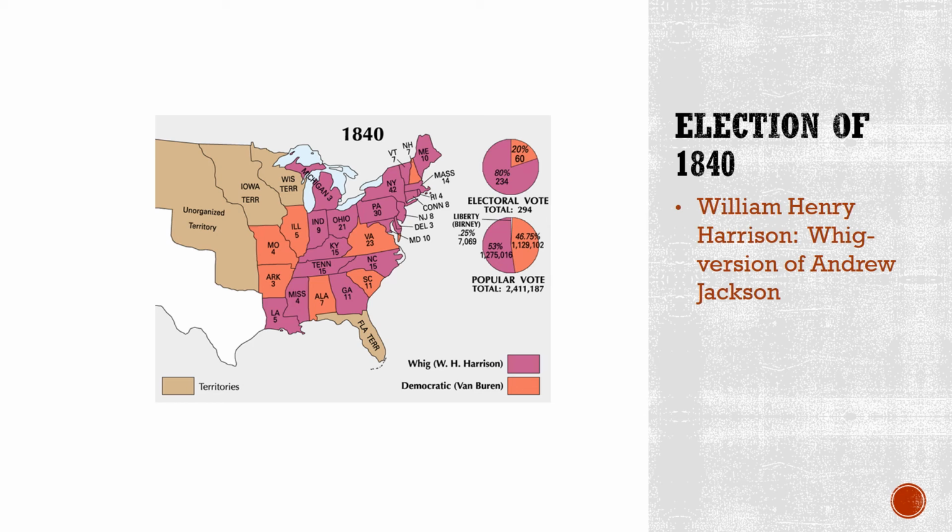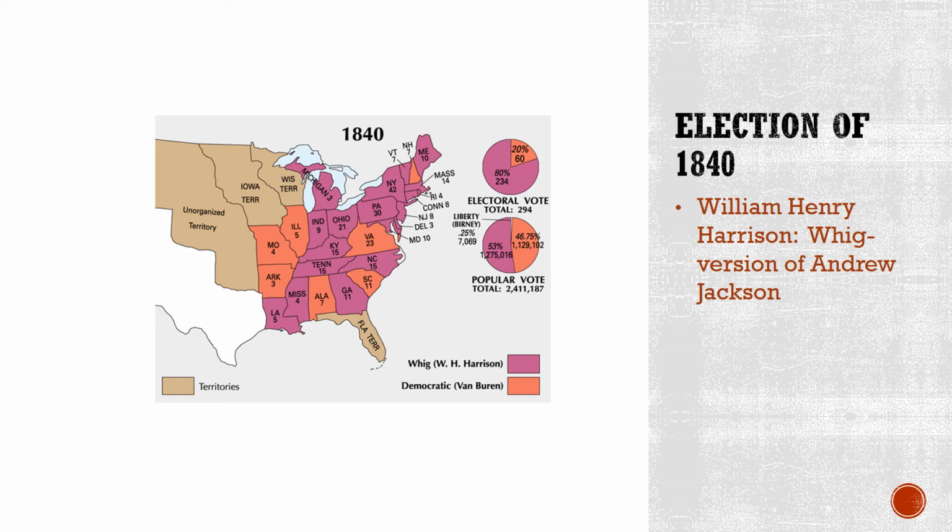And in the end, between the terrible economy and the Whigs rallying behind William Henry Harrison, look at the map. William Henry Harrison wins 80% of the Electoral College vote. That's a landslide victory. So what does this mean?